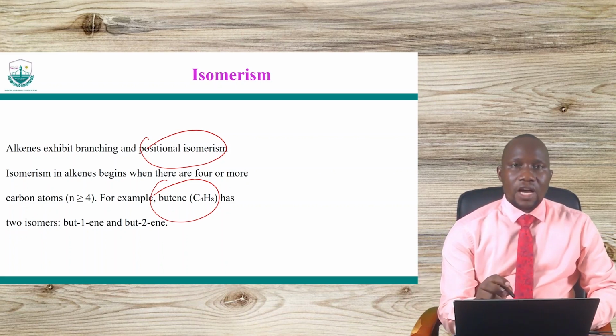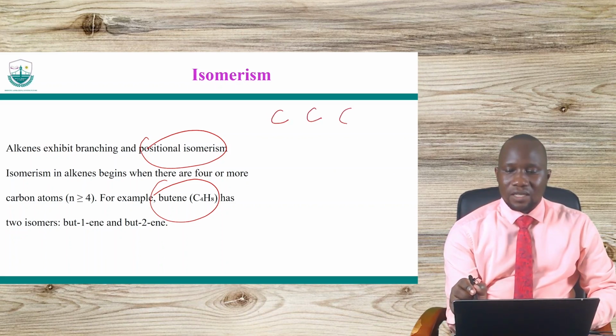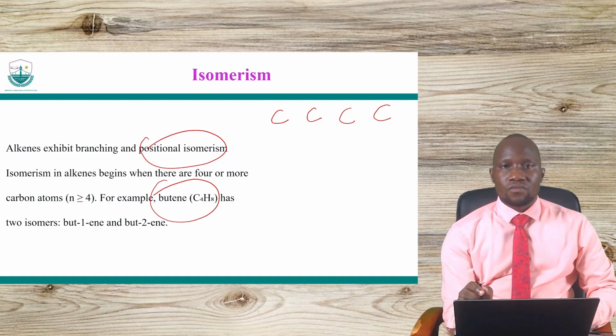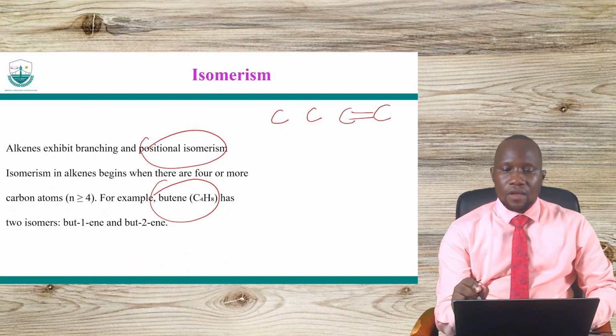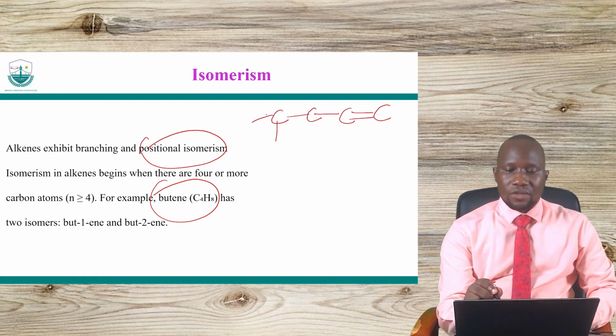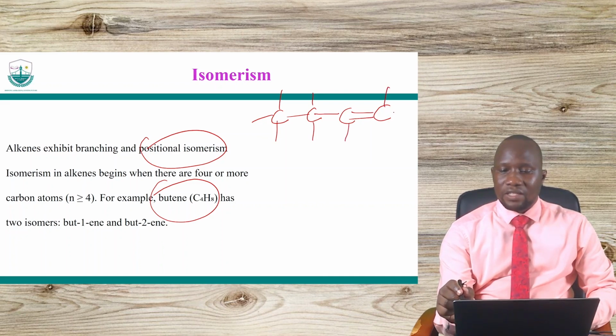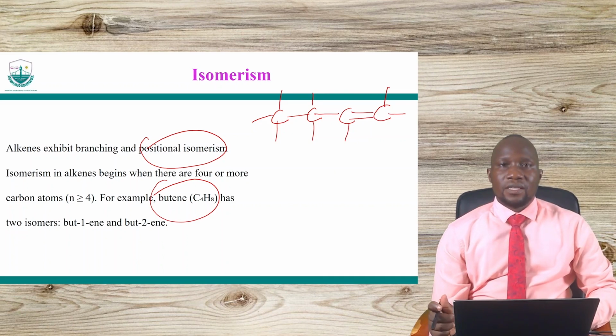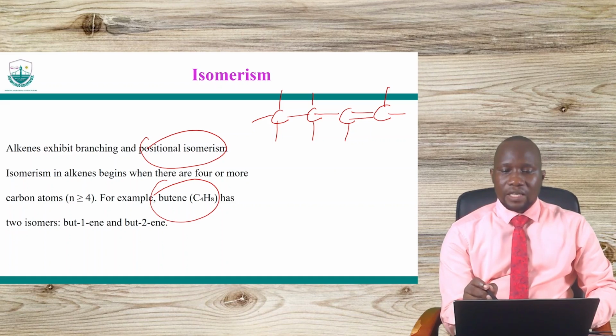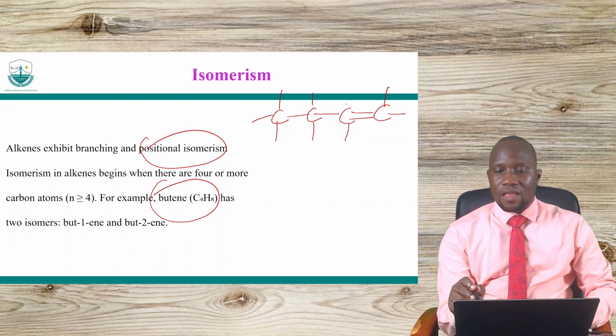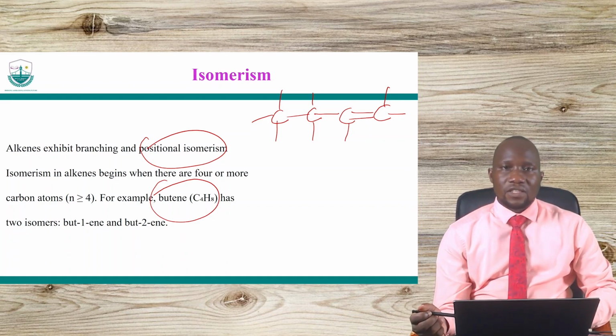So butene has 4 carbon atoms. We can start with that: 4 carbon atoms. There should be a double bond somewhere. After putting the double bond, we should make sure that each carbon has 4 bonds. Do we have 4 bonds in this, and that, and that? The answer is yes.